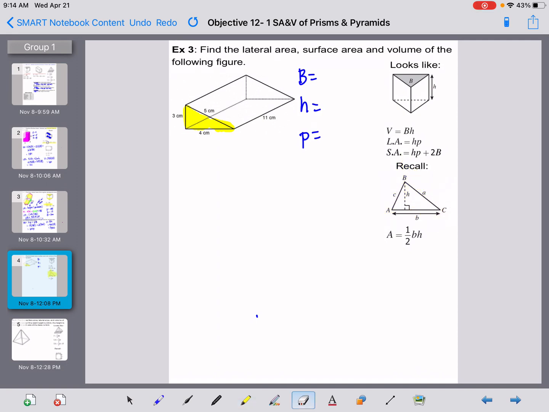So let's see. My area is 1/2. Now, wait a minute. This is confusing because I've got a B here and an H here. Are my H's going to be the same? What do we think?